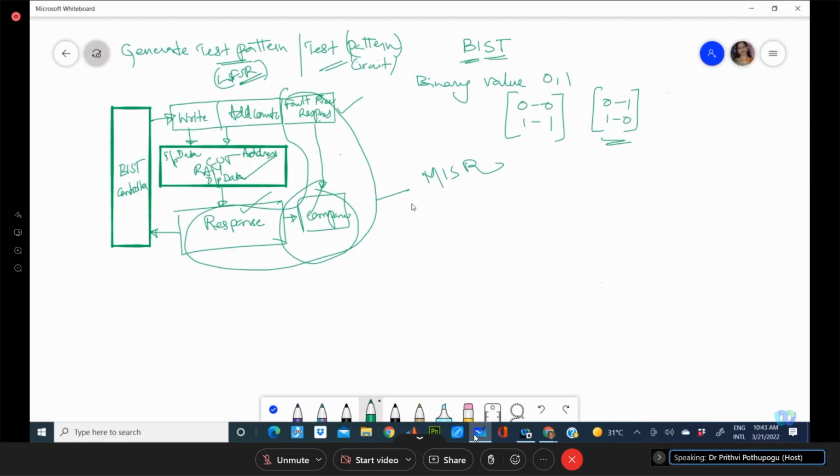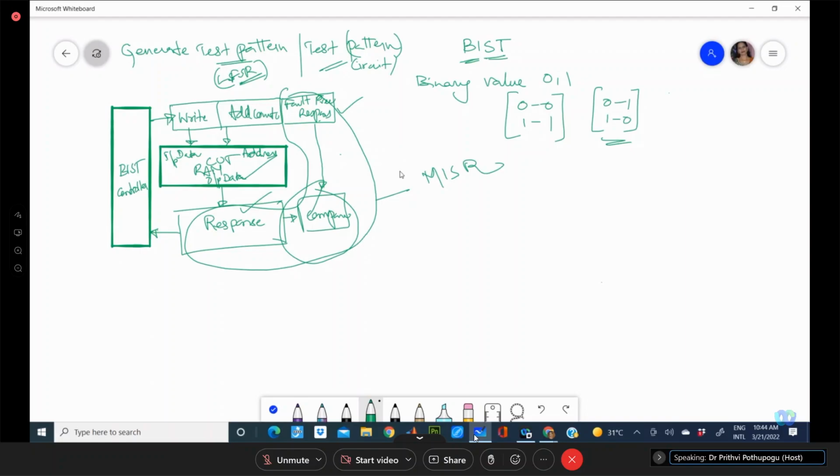This multiple input signature register has the provision of applying the fault-free response, taking the circuit response and comparing them. The setup for generation and testing both will be there.